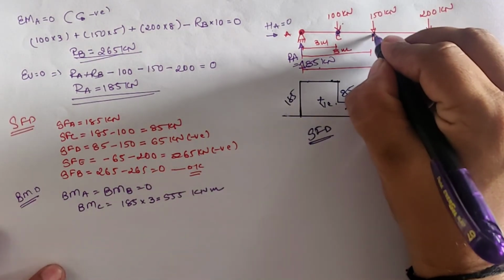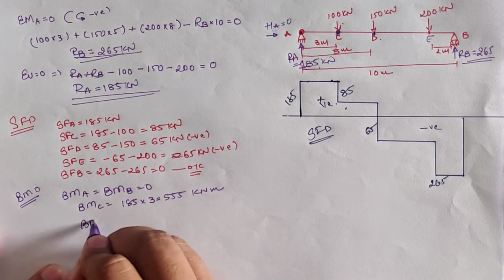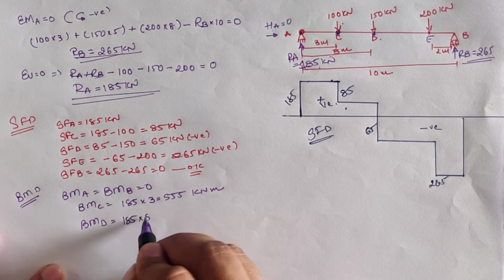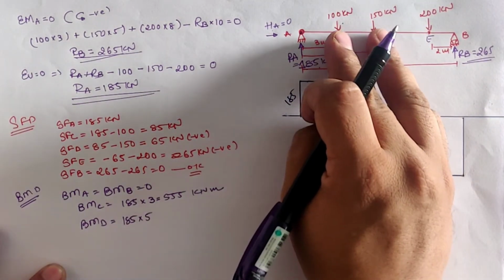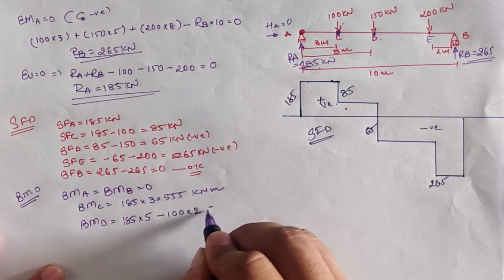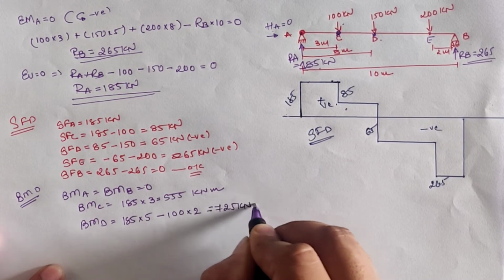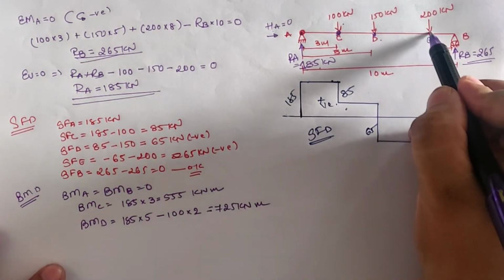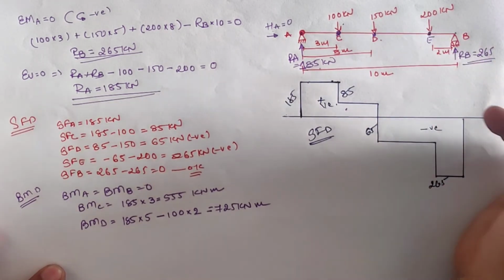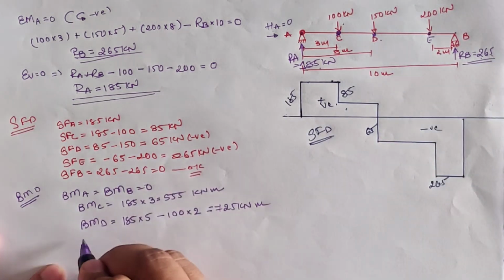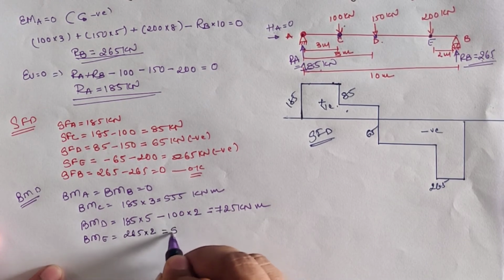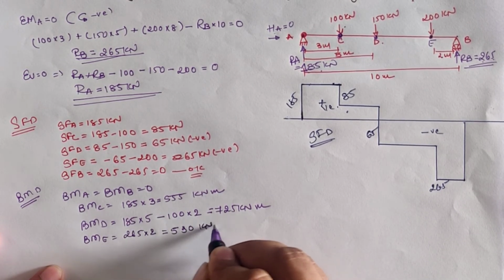Now at location D, again from the left hand direction, 185 into 5 in clockwise direction, so positive 185 into 5, and 100 into the distance between D and C, which is 2 meter, so it is minus 100 into 2, so the total value is 725 kilonewton meter. And at location E, if we observe from the right hand side, where right hand side anticlockwise is positive, the value is 265 into 2, positive, which is 530 kilonewton meter.